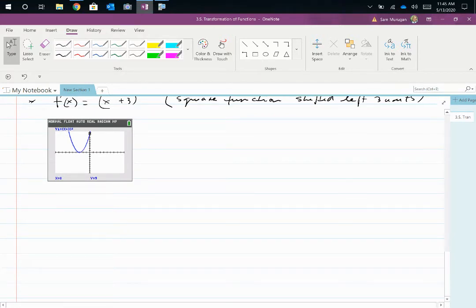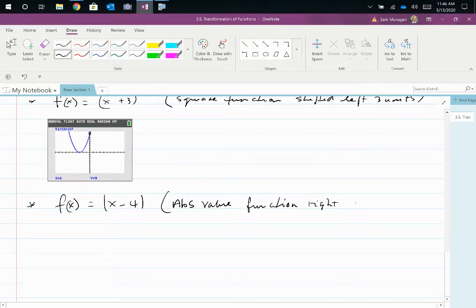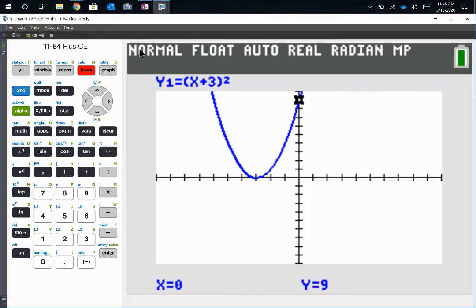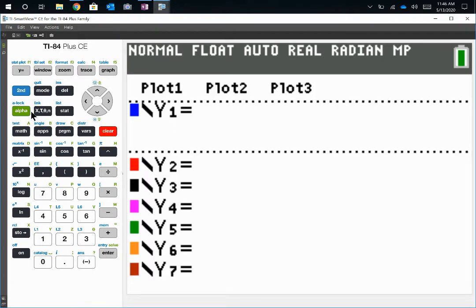If I wanted to, say, shift this absolute value function right 4 units, I'm going to go ahead and graph my absolute value function, x minus 4 in the absolute value sign because it's attached directly to the x value of the function.